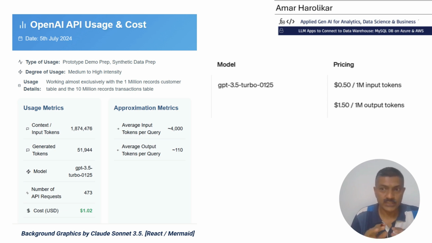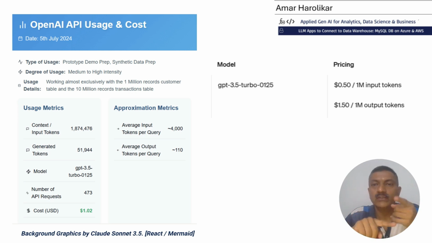Now, most of them were SQL queries generated by OpenAI. I was using GPT 3.5. The total token usage was about 1.9 million, with 1.8 million being input tokens and around 52,000 being output tokens. And the cost was around USD $1.